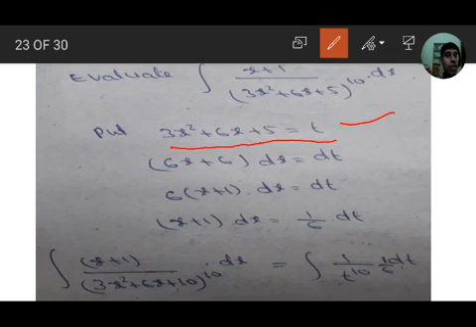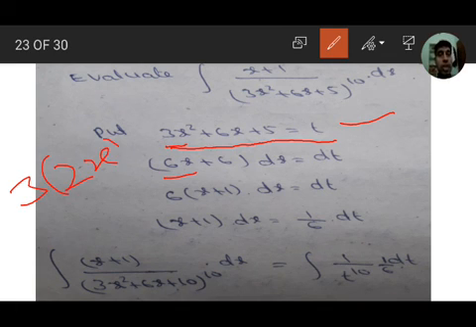Substitution. So differentiate with respect to x, we get 3x square derivative 6x, means 3 into 2x, that is derivative 6x, 6x derivative 6, 5 derivative 0, dx equals dt.